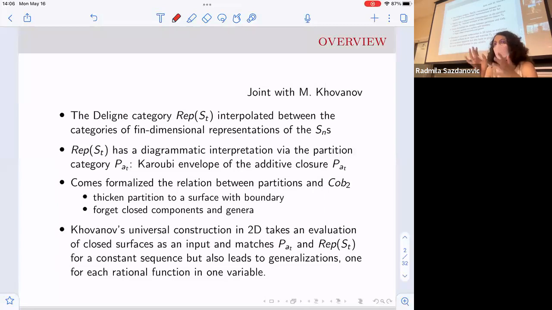Very informally, just to give you a flavor: if you know the diagrammatics for the partition, it's sort of like some sort of tangle-looking thing, just with no crossings. The way to go from the partitions to the cobordisms, and again there will be details on all of this, is that you thicken the partition and then you get a surface with boundary, and that's how you go through cobordisms. And from cobordisms, you look at the boundary and forget the genus and all the closed components.